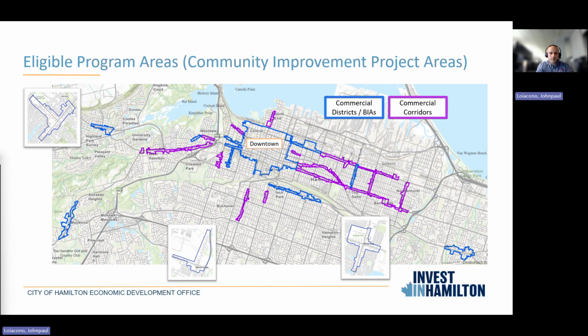So, for example, because of just how the city has evolved over time through amalgamation, we have all of the former municipalities, former downtown areas of those municipalities that are reflected here as commercial districts. So for example, downtown Hamilton, Ancaster, Dundas, Flamborough, Glanbrook, and Stoney Creek, those are here in blue. And we also have other parts of the city that we refer to as commercial corridors.